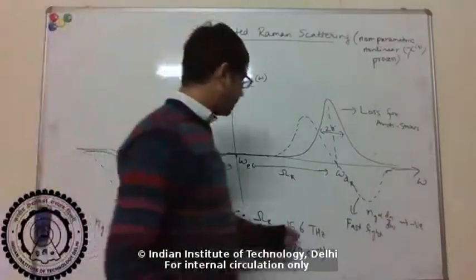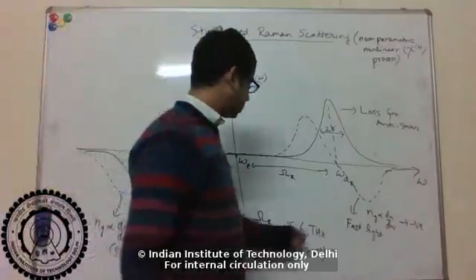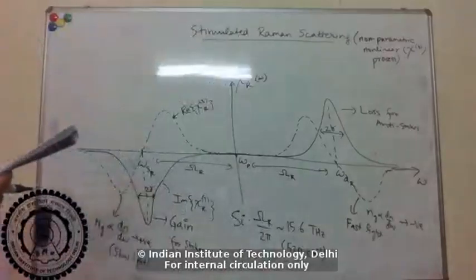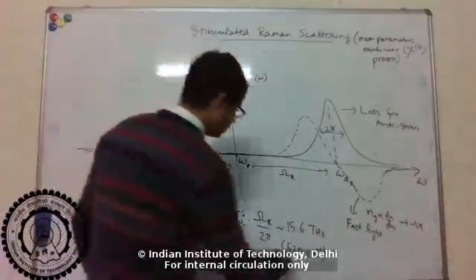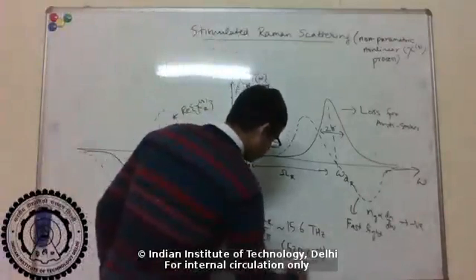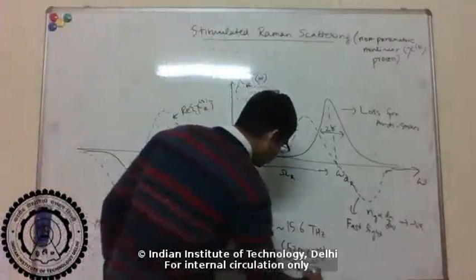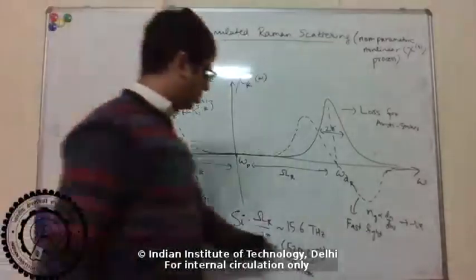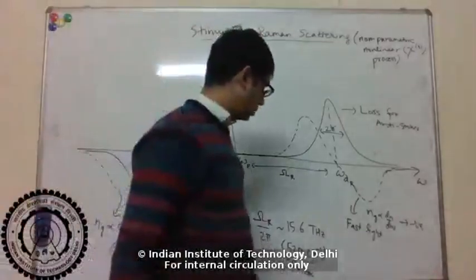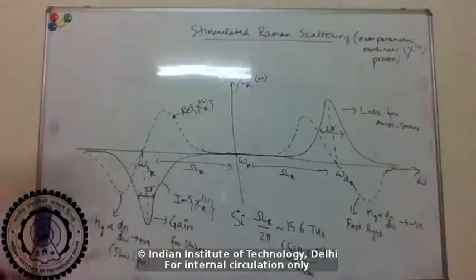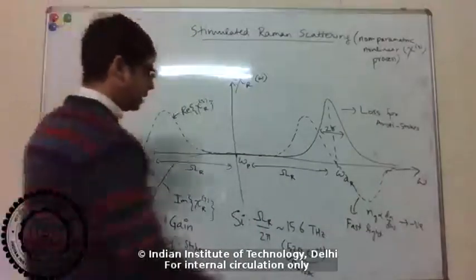Which is basically you divide this by c. Right, so this quantity in centimeter inverse is basically omega r divided by 2 pi c. You can see it has units of 1 over length or 1 over wavelength. Okay.